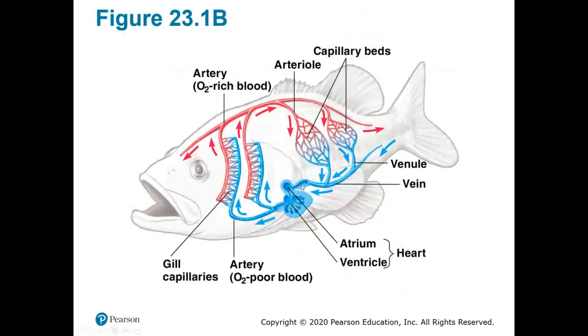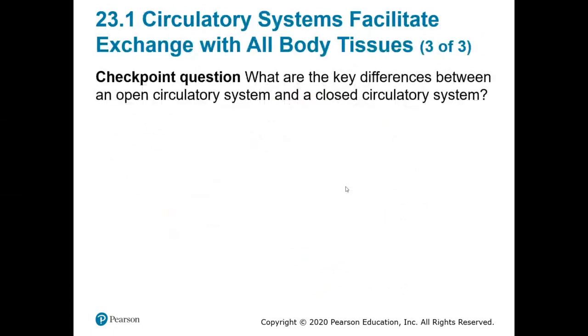Here. All right. So again, we don't have a special part of the heart that goes to the gill. We just simply move it through the gill and back around, through the gill and back around. So again, we see that with the 4-chambered heart, we're going to have a separate system to the lung and a separate system to the body.